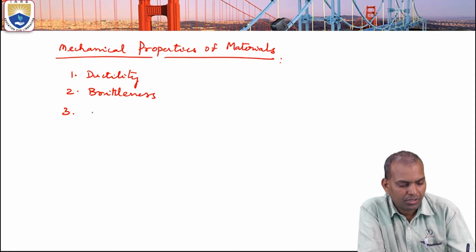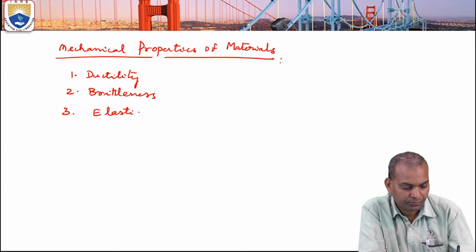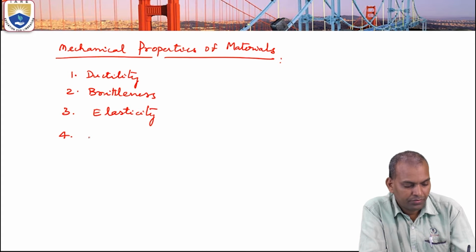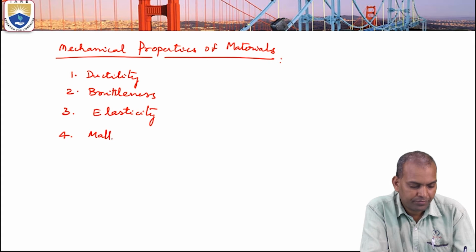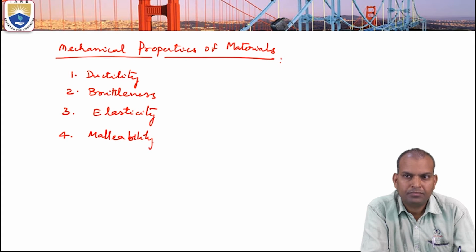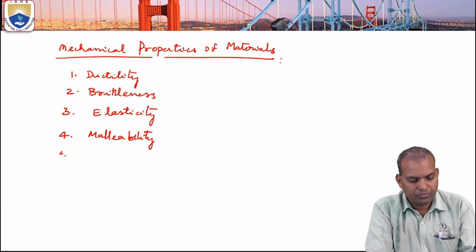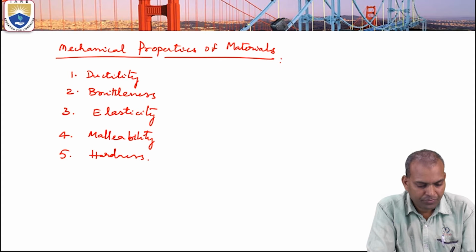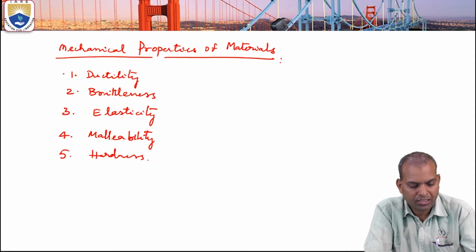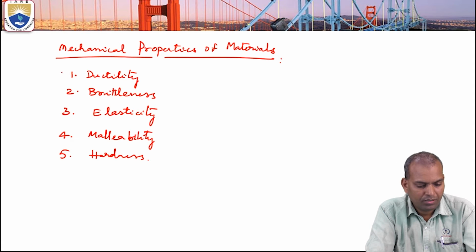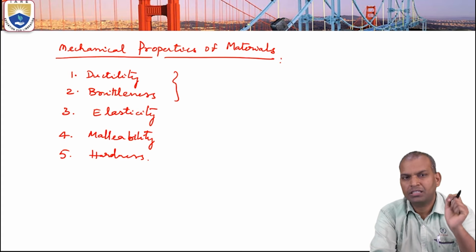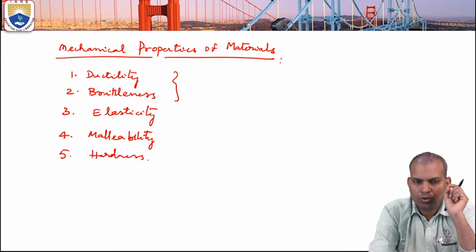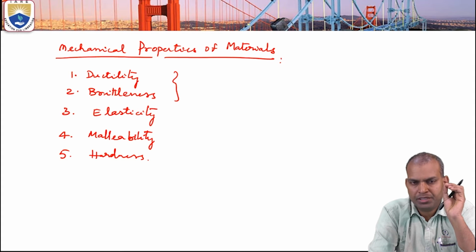Third one is elasticity. Fourth one is malleability. Another one is hardness. But for stress-strain diagrams we are going to study ductile materials and brittle materials. What is ductility? When the load is applied on a material, the material will be deformed.